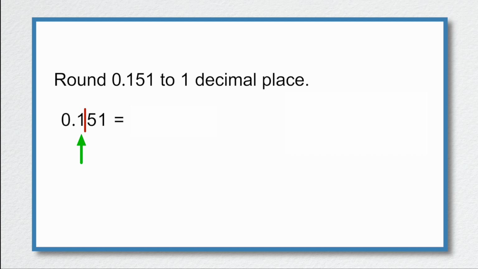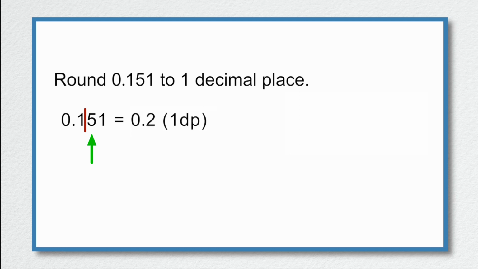And this is determined by this digit here, the first digit after the cutoff point. It doesn't matter about any of the other digits. If this value is 4 or less, we round down. If the value is 5 or more, we round up. We can see that this digit, which is 500ths, is 5 or more. We therefore round the 1/10 up to 2/10.